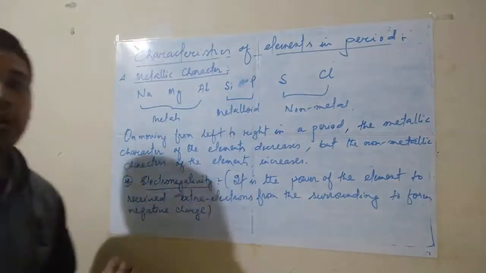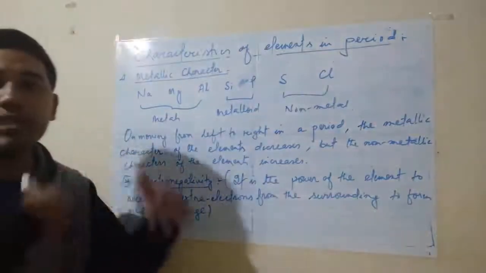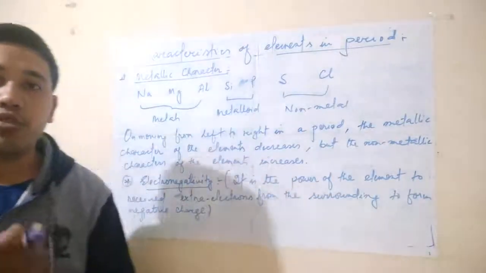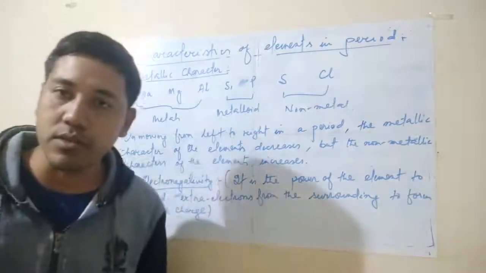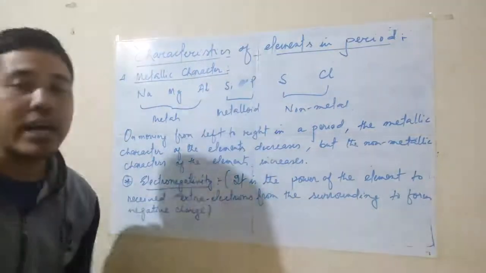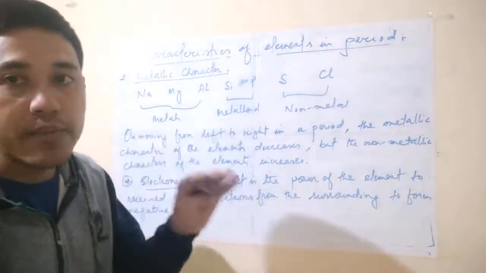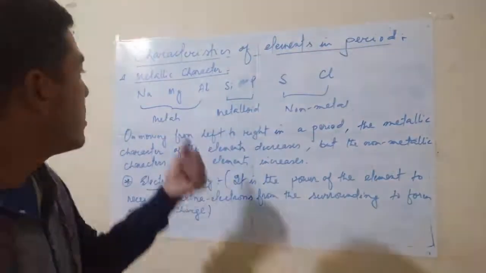We already know that all the non-metals can easily receive extra electrons and form a negative charge. That is why non-metals have higher electronegativity than metals.